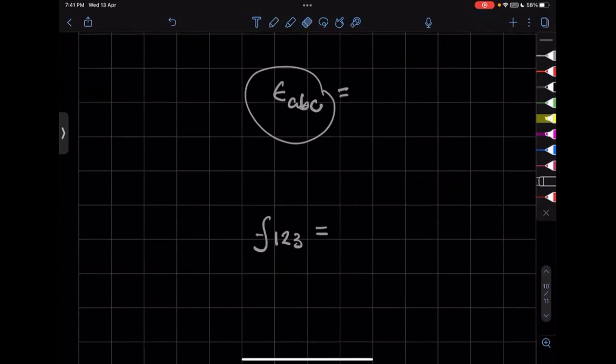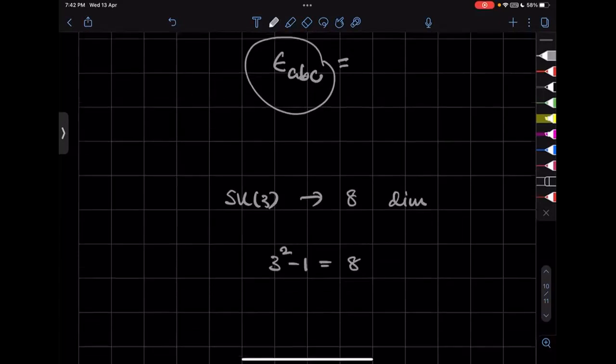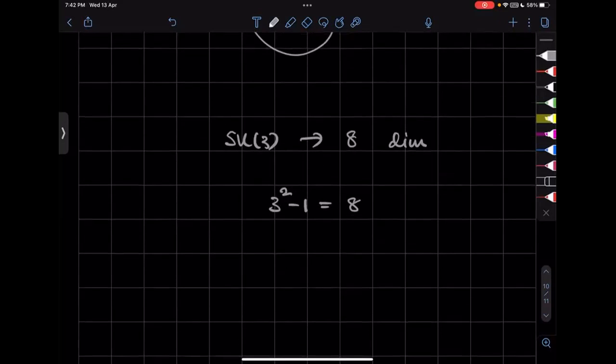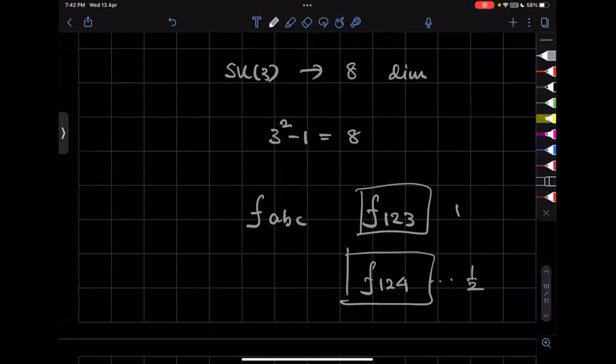You will see that for SU3, which is an 8-dimensional group, because its dimension is 3 squared minus 1, so it's 8, it'll have f_ABC, which will have like f_123, f_124, stuff like that. And they will all be antisymmetric. But some will be 1, some will be half, and stuff like that. So I'll give you examples of that.